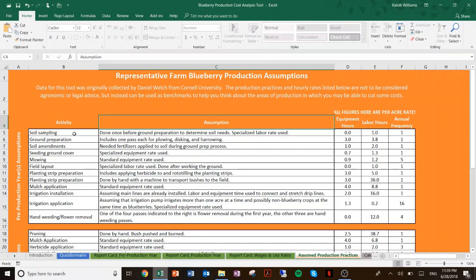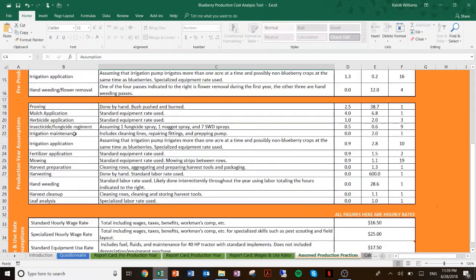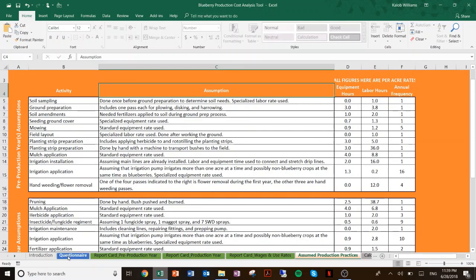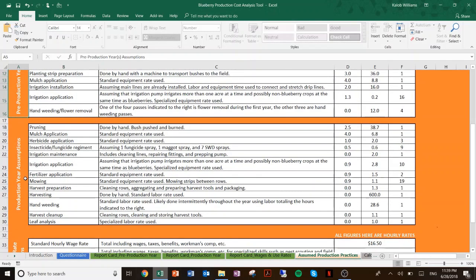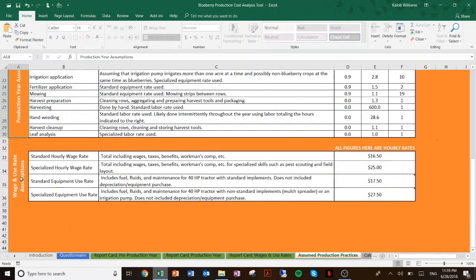Now, you'll see that this again is broken up into 3 different sections, very similar to the questionnaire tab, because it's laid out exactly the same. These are the categories over here that you see in the questionnaire tab, also in the pre-production year report card. This first section is looking at your pre-production year. The second section is looking at your production years. And then the third section, your wages and use rates.